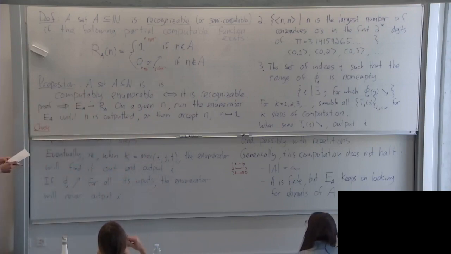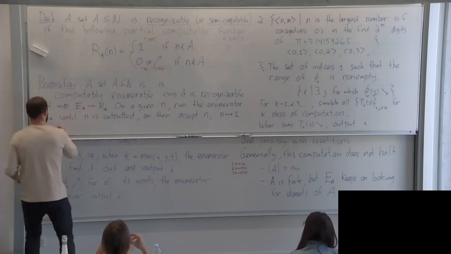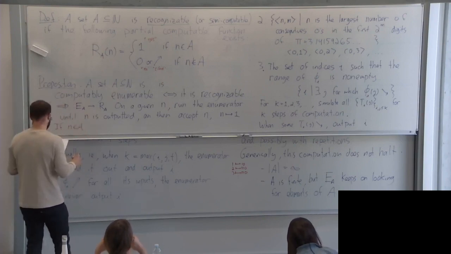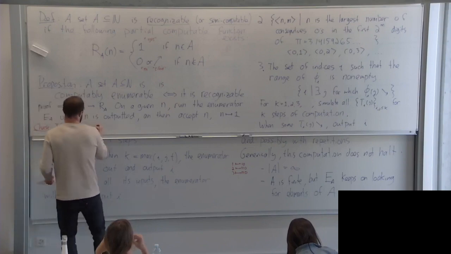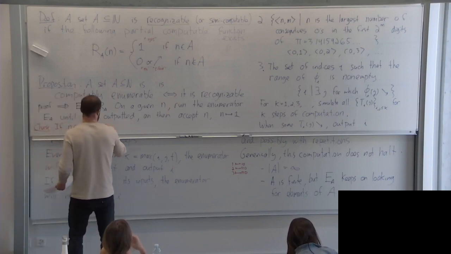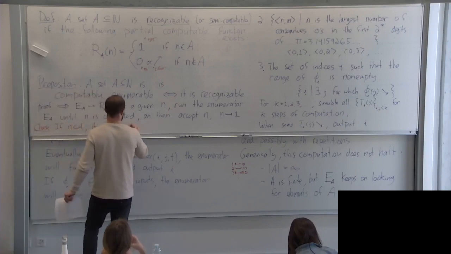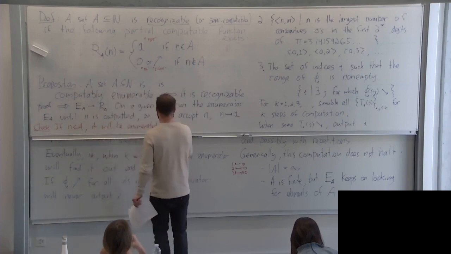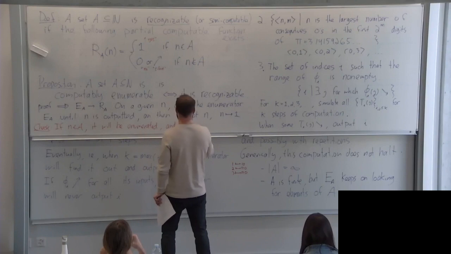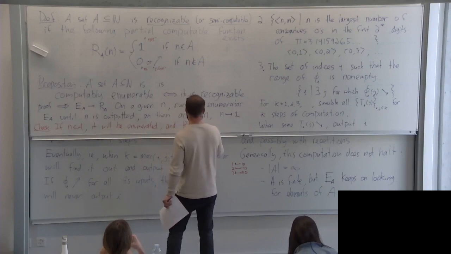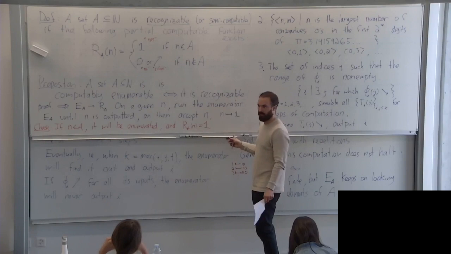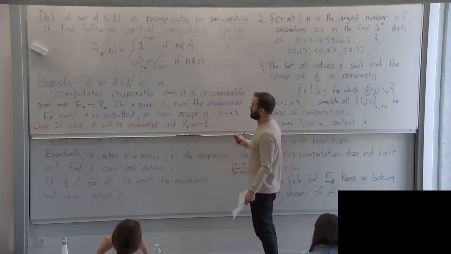Okay. So my little check was: if n is in A, it will be enumerated and RA of n equals 1. It will eventually accept it. It will find it out.